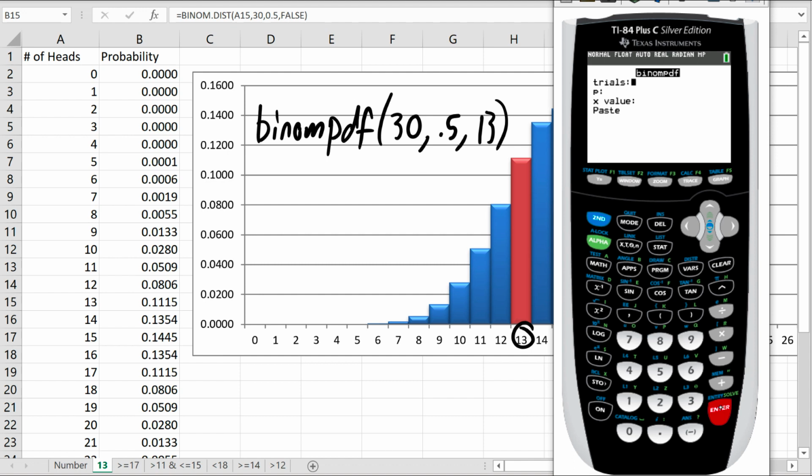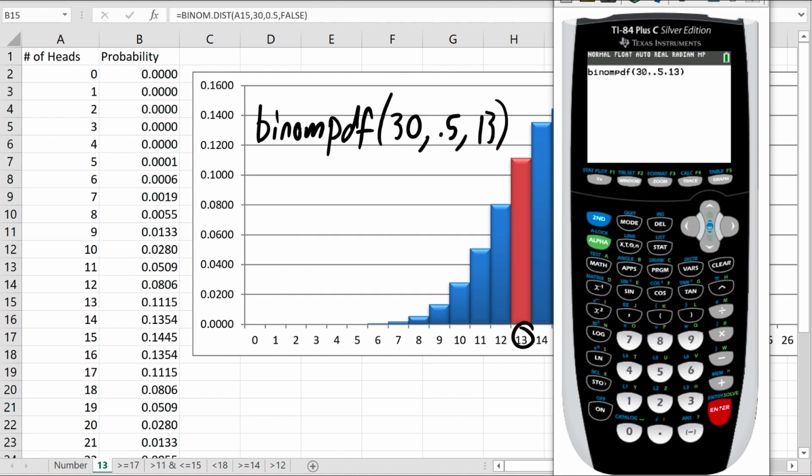If you have an older calculator, you'll type it in with a comma like I have it written on the screen. So number of trials, that's 30. The P value, that's 0.5. And the X value, that's 13. So we have 30 trials, probability of success on any individual trial is 50%, and then the number of successful trials we want is 13.